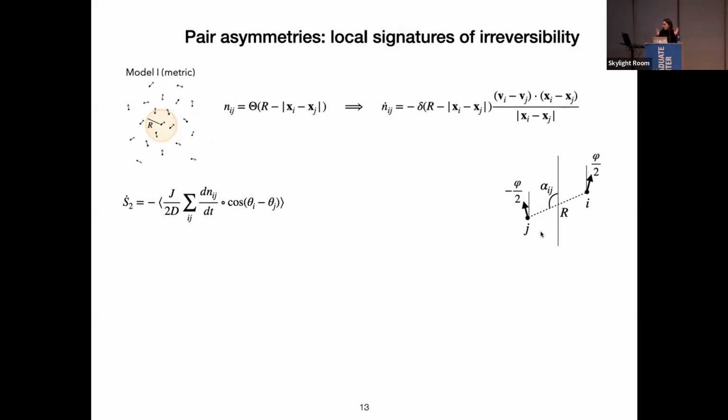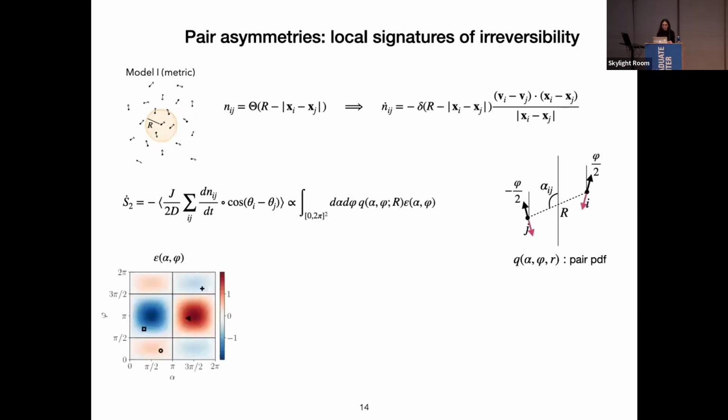So phi is just the angular difference between the orientations of the 2 birds, and alpha is the angular orientation of the displacement vector with respect to the direction of motion, not at the collective level, just for the 2 particles.